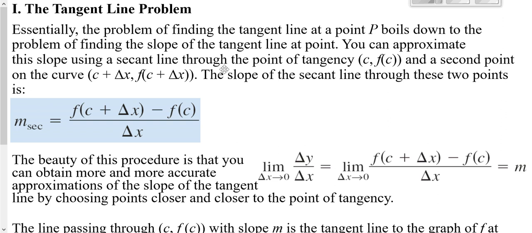Essentially, if you have 2 points that are h units apart, like we looked at before with the IROC formula and the average rate of change formula, you can also go ahead and here they're saying you have a point C and f of C, and then C plus delta x and f of C plus delta x, where basically you have this point at C and another point that's delta x over, you get this.